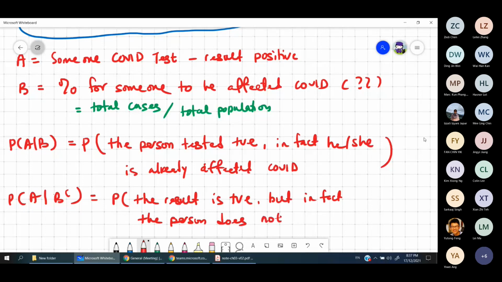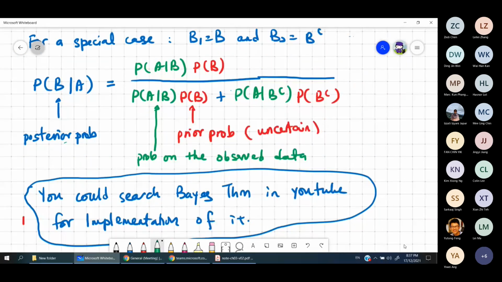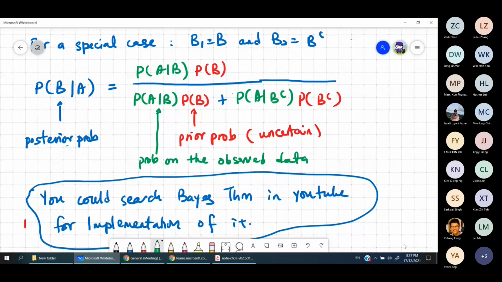So that means the tested result is not true. So this is the case of it. All this we can confirm later. This one we can know the value for the probability based on the data, right? So then we can put all of it inside here to calculate this probability.